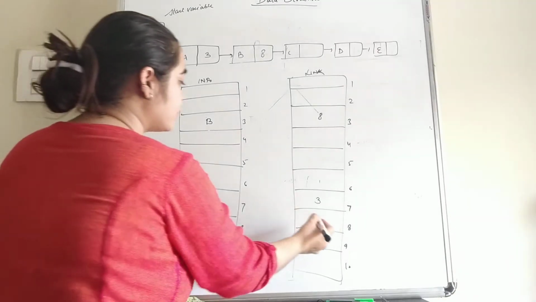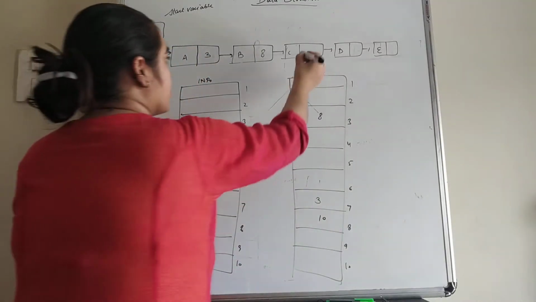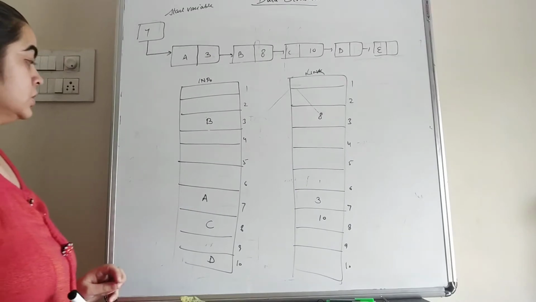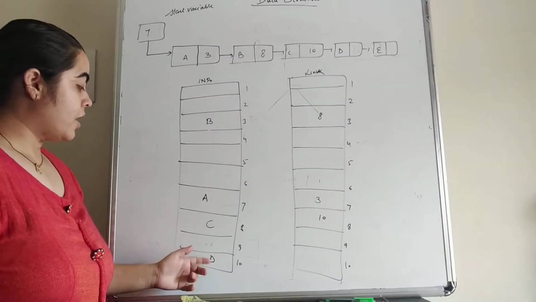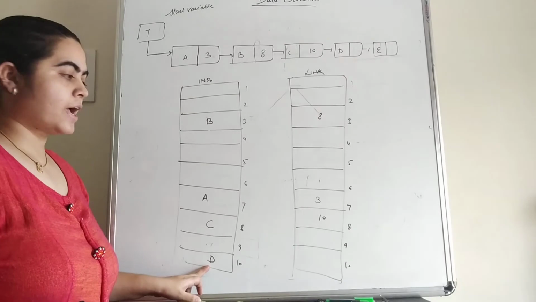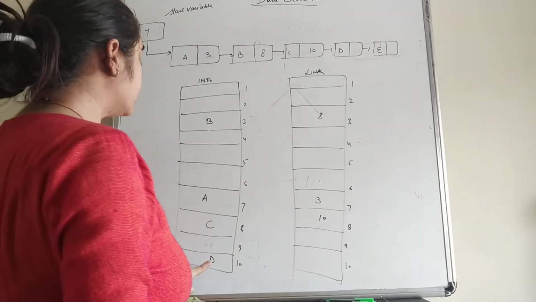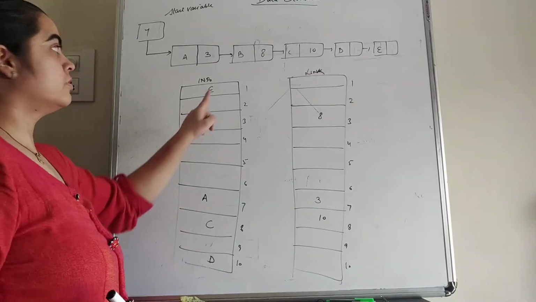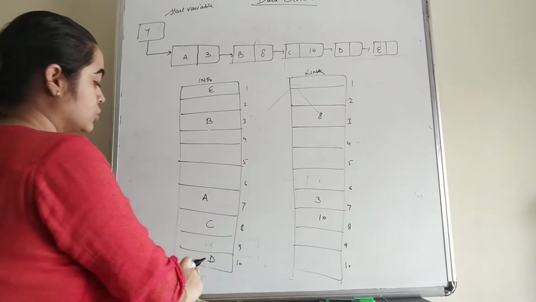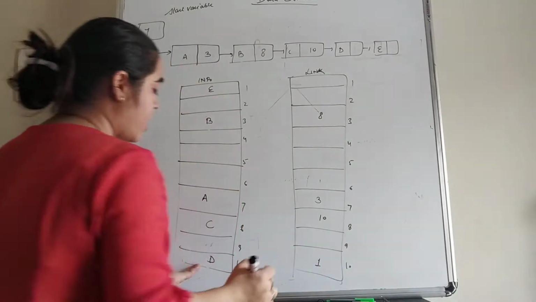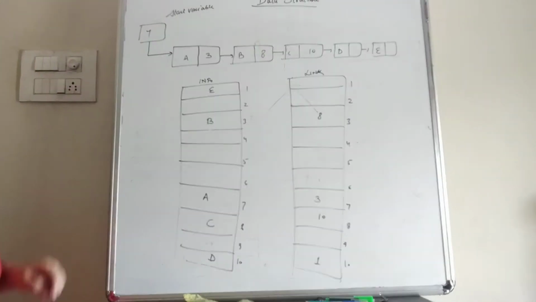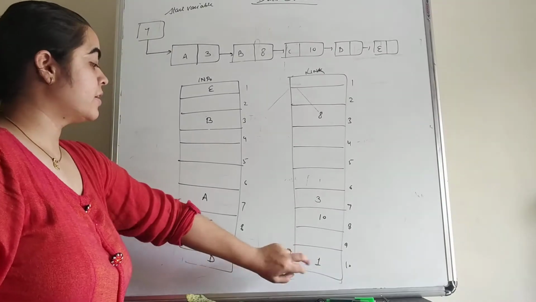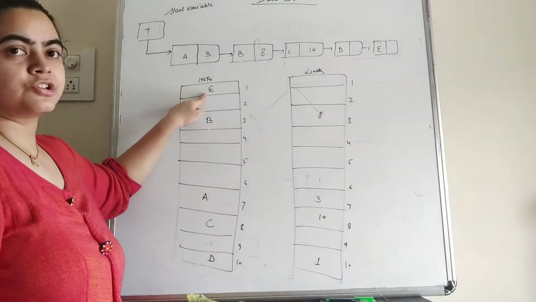So in front of C we can write 10, and also we can update 10 in the link part of C. Now students, at the 10th location D data element is stored. So suppose the next data element, that is E, is stored at the first memory location. So first memory location we have to update in the parallel array. Okay students, so 1 we are updating here, and at the first memory location E is stored.